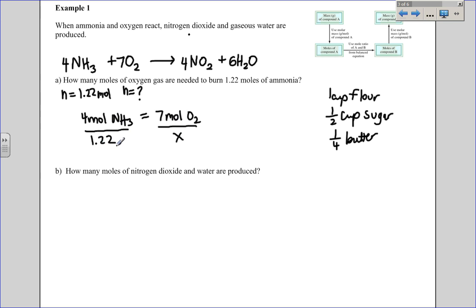Therefore, if I have 1.22 moles of ammonia, I will have X moles of oxygen. And in order to solve for X, I'm going to cross multiply. So I have 4X is equal to 7 times 1.22.